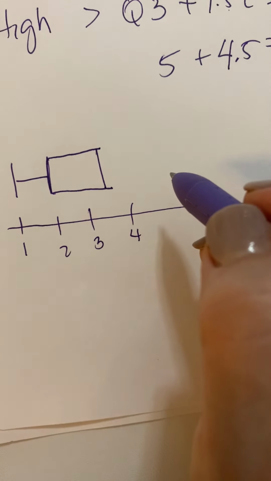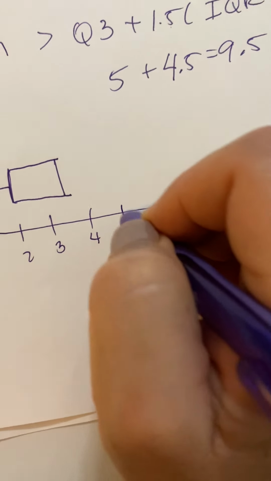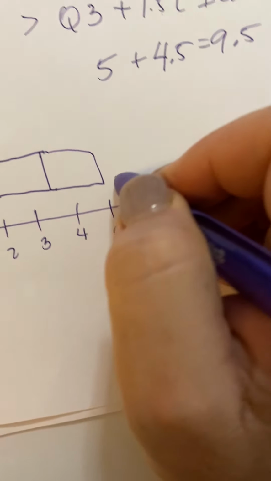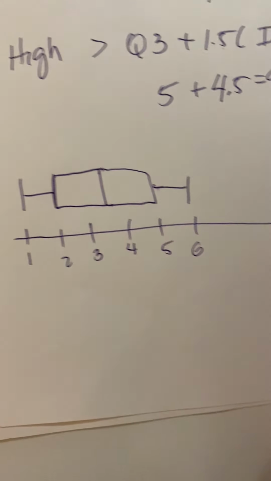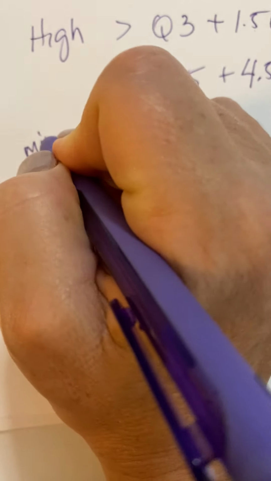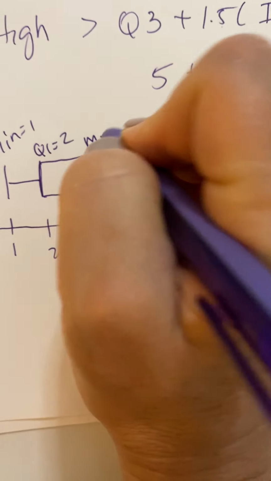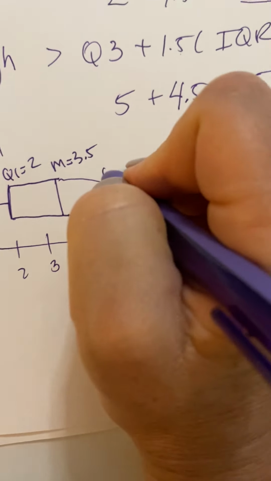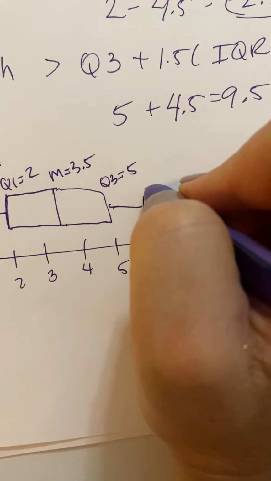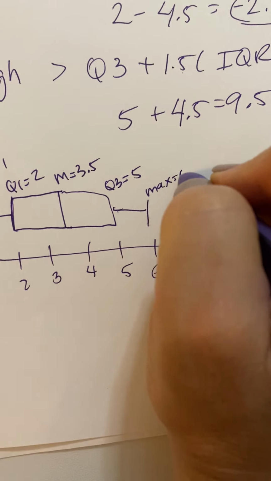And then 5 is my Q3. And then 6 is my maximum. Okay, so that's it, and I would label it min equals 1, Q1 equals 2, median equals 3.5, Q3 equals 5, and max equals 6.